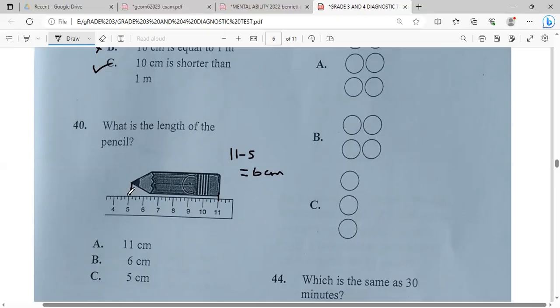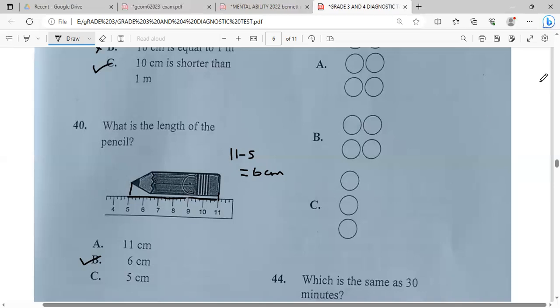So right here is 1, 2, 3, 4, 5, 6. So it is indeed 6 centimeters. Don't count it and say 5, 6, 7, 8, 9, 10. All right. It's from 5 to 6, that's 1. From 6 to 7, that's 2, and so on.